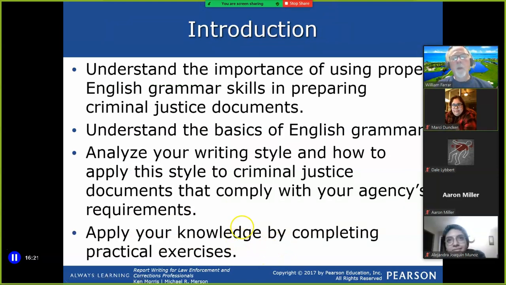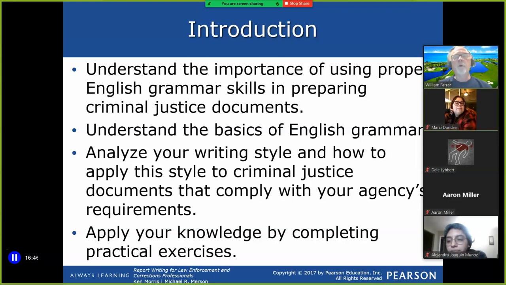By way of introduction, we do want to understand the importance of using proper English grammar skills when we write these reports. We want to understand some of the basics, and get ourselves out of some of the words that we tend to mess up, or don't spell well, or we use too many commas, or what have you.